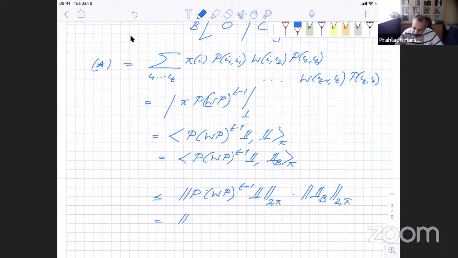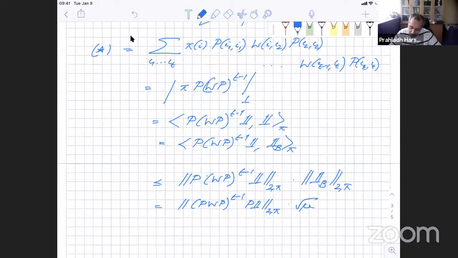I'm going to write it in a slightly cleverer fashion, as PWP to the T minus 1 times P1 in the 2 pi norm. And the 2 pi norm of 1_B is exactly root mu. The reason I'm able to do this step is because P squared is equal to P. I've introduced several P's in between, and I'm able to do it because P squared equals P.